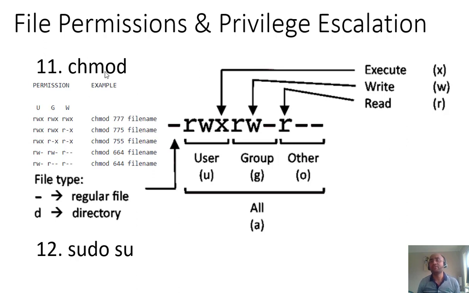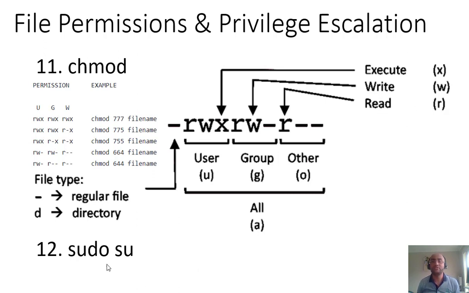When you run ls -l, you basically see 10 characters in front of the file name. The first character indicates whether it's a regular file or a directory. The next batches of 3 characters indicate user, group and others. Each letter indicates a permission: r is for read, w is for write, x for execute.